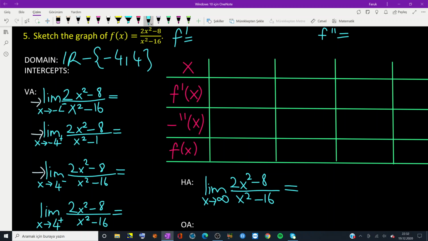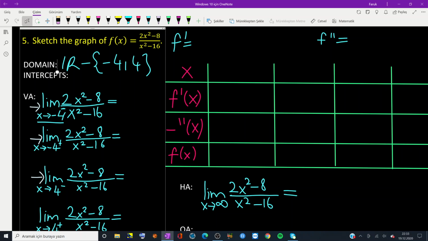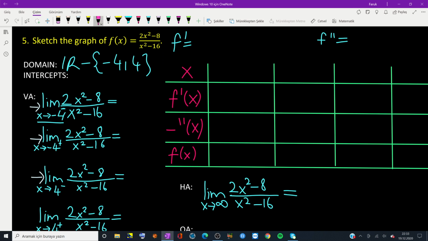What about vertical asymptotes? As you see, the function is undefined at the points minus 4 and 4. So when x tends to 4 from right and left, we must examine the behavior of the limit of the function. So when you look at the limit, you see that numerator is always positive when x tends to minus 4 or 4.